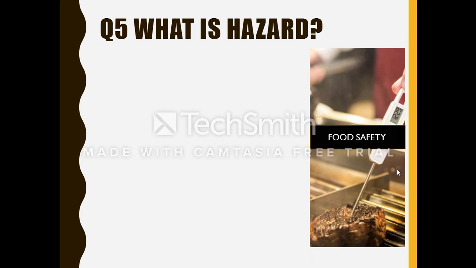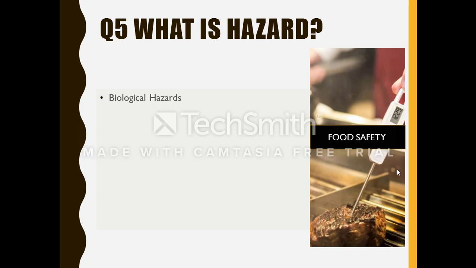What is a hazard? Basically, there are 3 main hazards that are usually identified and need to be controlled in food. The first is the biological hazard, which includes bacteria, viruses, and parasites.